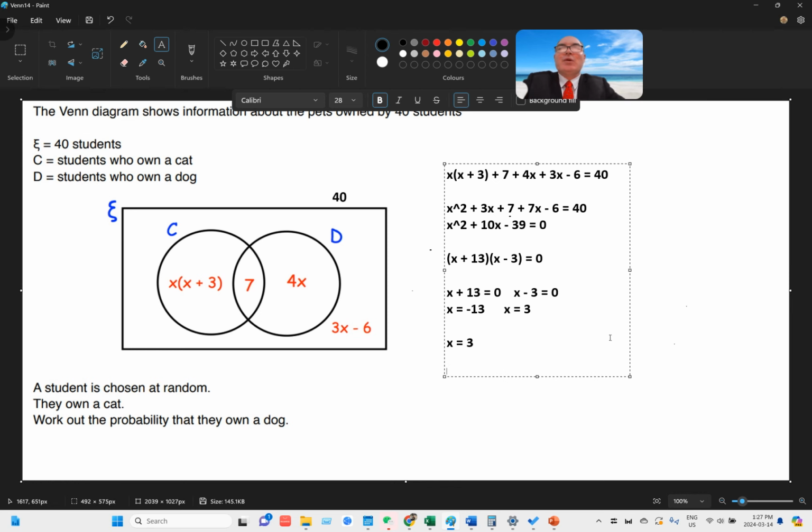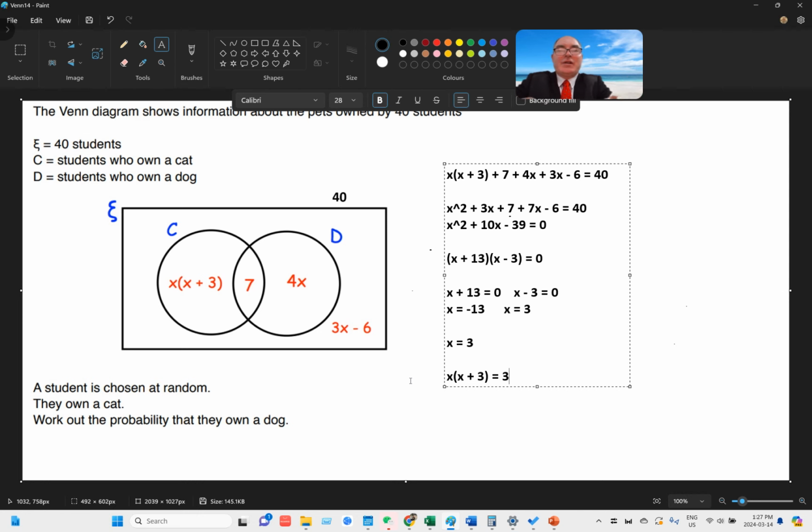Okay, now if I fill that in, all I'm really interested in is what's going on in the cat situation. That's x times (x plus 3) people who just own cats. I just got ahead of myself.